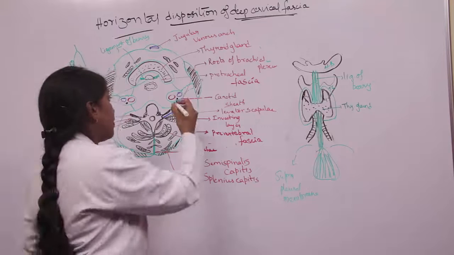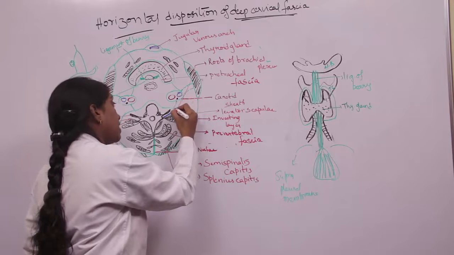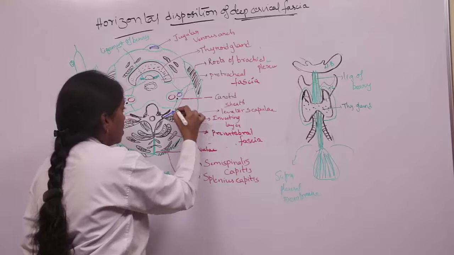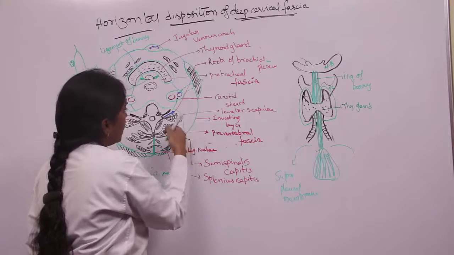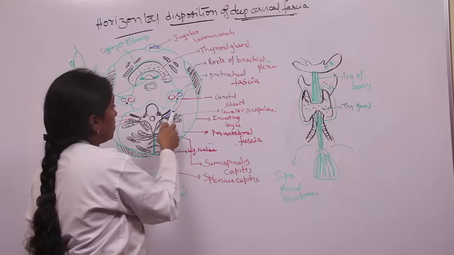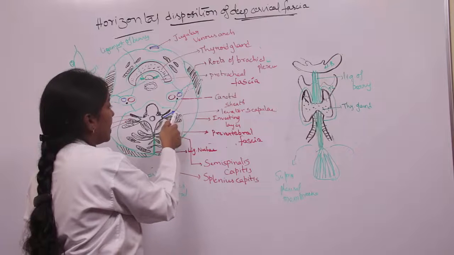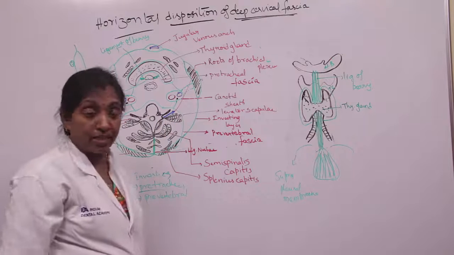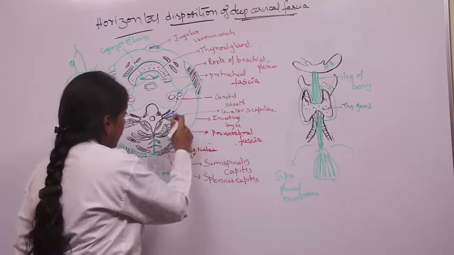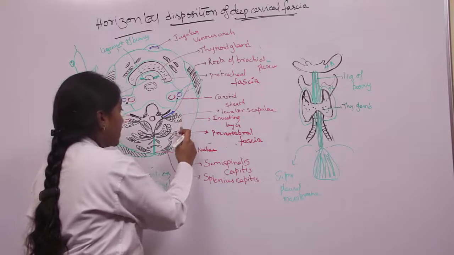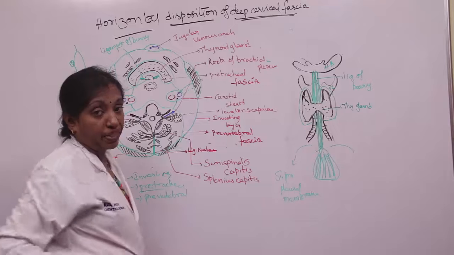Sometimes a fascial sling extends backward, and it covers the levator scapulae, scalenus anterior, scalenus medius, and scalenus posterior muscles. It encloses all these muscles and disappears below the trapezius muscle.